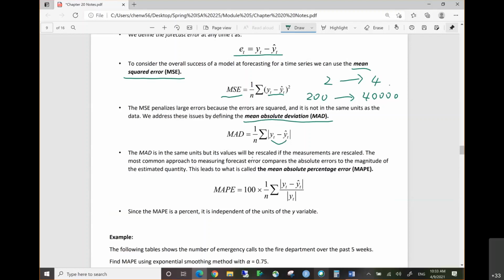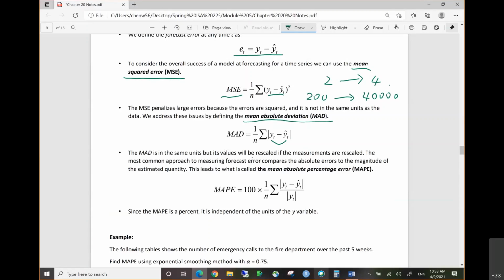We sum up all of these absolute residuals, then divide by how many of them, and we have the mean absolute deviation, short for MAD. So up to here, MAD solves the penalty problem.